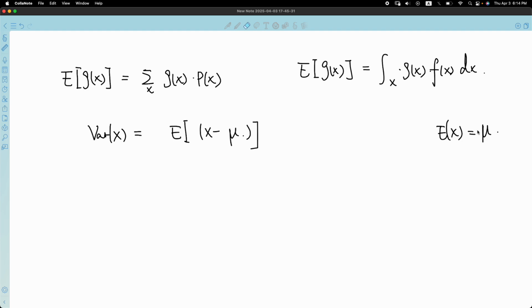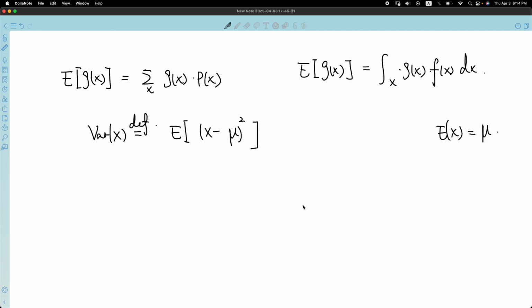This is what I mentioned earlier: the mu is referring to the E of X regardless of your distribution. And don't forget there's a square. I often forget the square over there. So the expectation of X deviating from mu, squared. I often forget that square, so if you find out I have a typo, make sure you correct me. So that is more of a definition for the variance.